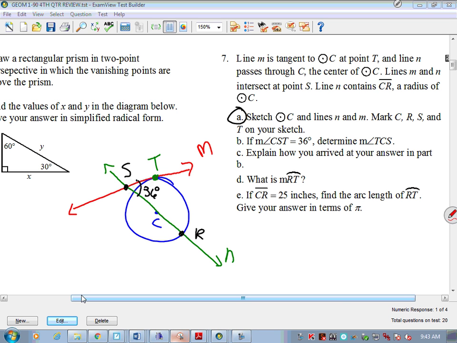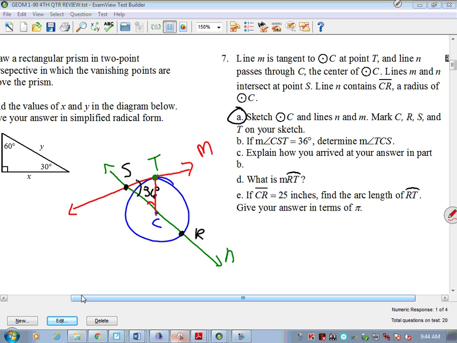So we need a new line. That line is going to come to there, and we're going to look for this guy. All right, do we have enough information? We know that this is 36. What have I made here? A triangle? Yeah, we made a triangle.